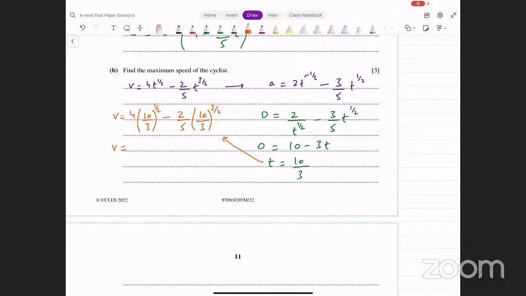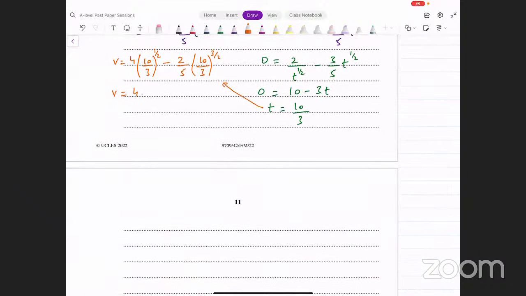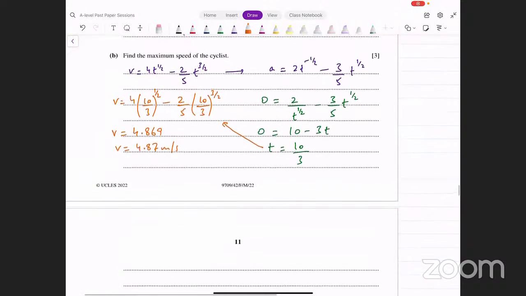Yeah, so this is giving me 4.8686. So that is 4.869. I can write all of this if I want, or I can round it off to 4.87 meters per second. That's the velocity that we have. All right. Okay. ये आपके velocity find करनी थी, हमने कर ली.